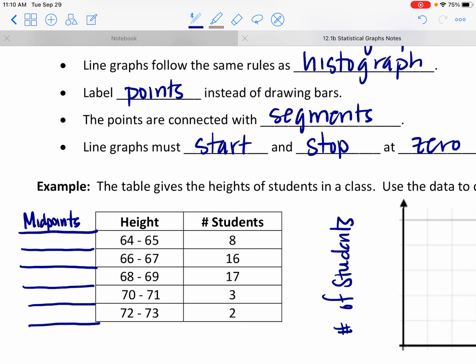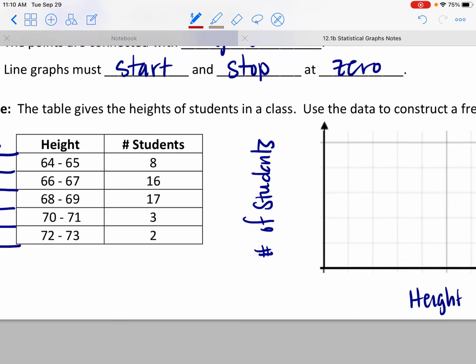So here 64 plus 65 divided by 2 is 64.5. This is going to be 66.5. This is 68.5, 70.5, and then 72.5. So we're going to use those midpoints because they will represent that group.